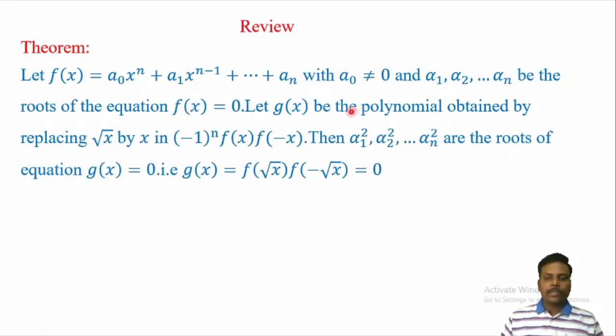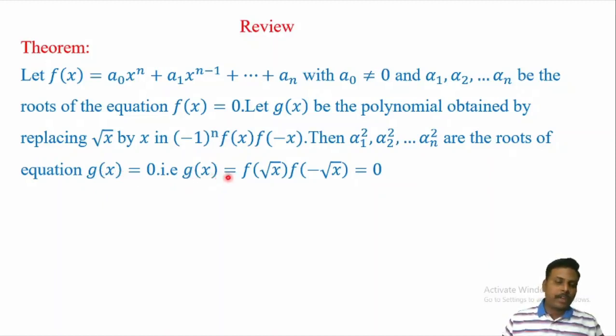Let g of x be the polynomial obtained by replacing root x by x in (minus 1) whole to the power n into f of x into f of minus x. Then alpha 1 square, alpha 2 square and so on up to alpha n square are the roots of the equation g of x is equal to 0.